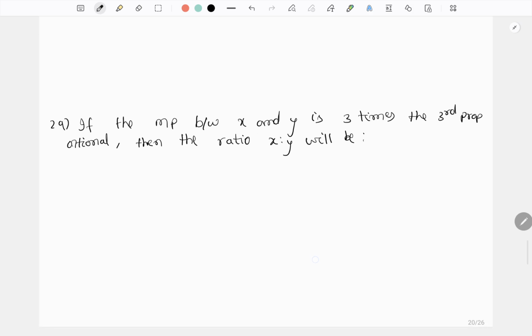Next, if the mean proportion between x and y is 3 times the third proportional, then the ratio of x to y is? So the mean proportion of x and y is root xy. Then 3 times the third proportion. The third proportion of x and y is y square by x.